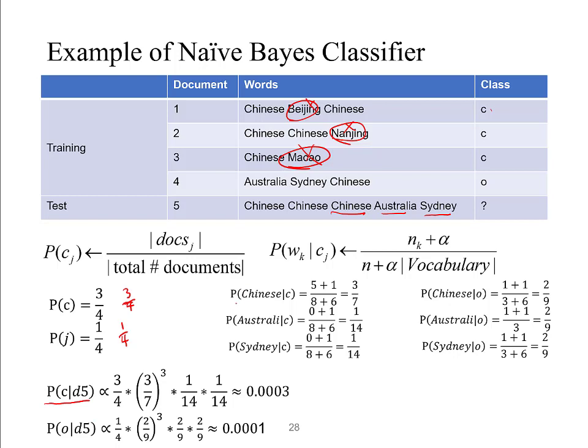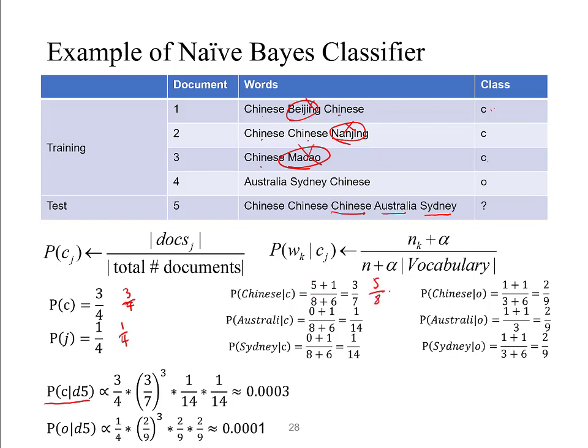For example, in order to compute the probability of Chinese given C, we first look at the documents that have the label C, which are documents 1, 2, and 3. Here the word Chinese appears 5 times, and the total number of words in these 3 documents is 8. So we put 5 and 8 here.